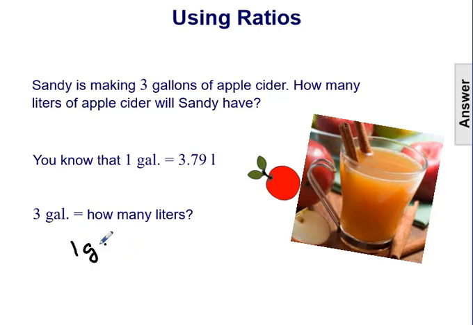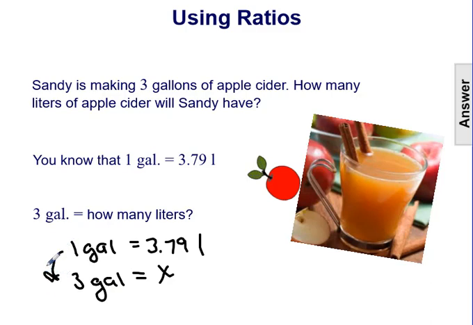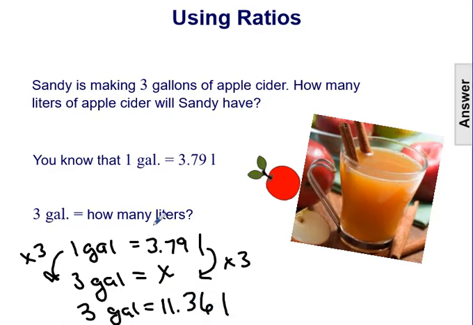More formally, 1 gallon equals 3.79 liters, and we're comparing to 3 gallons equaling an unknown amount x of liters. Going from 1 gallon to 3 gallons is multiplying by a factor of 3, so we multiply 3.79 by 3 to get that 3 gallons is going to equal 11.36 liters. So Sandy has 11.36 liters of cider.